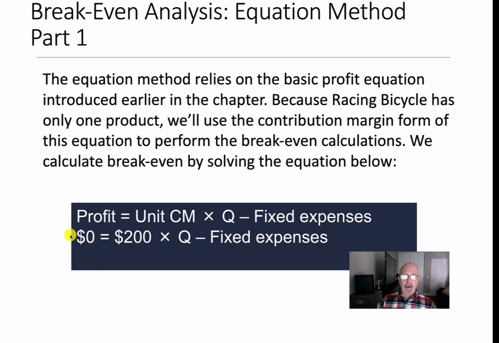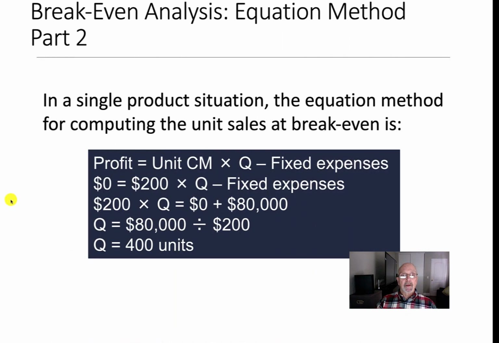We pay the bills. In our case, for RBC, the unit contribution margin is 200 bucks. So in a single product situation, the equation method is this. So 0 equals 200 bucks times the quantity sold minus the $80,000 fixed expenses we've got.